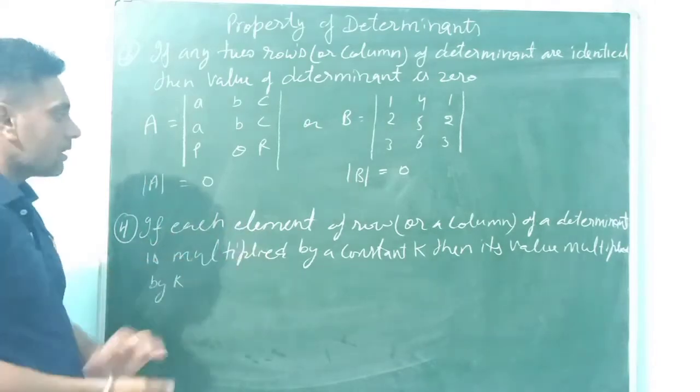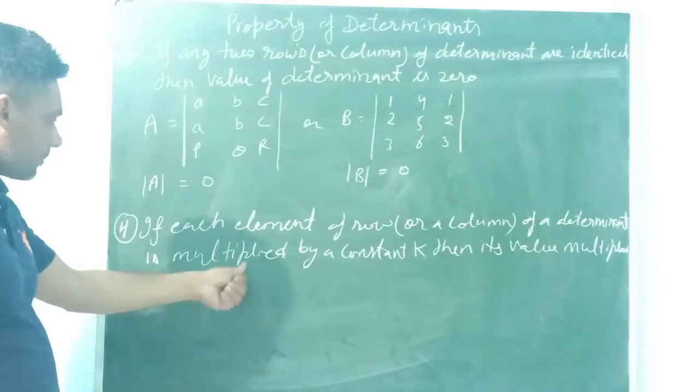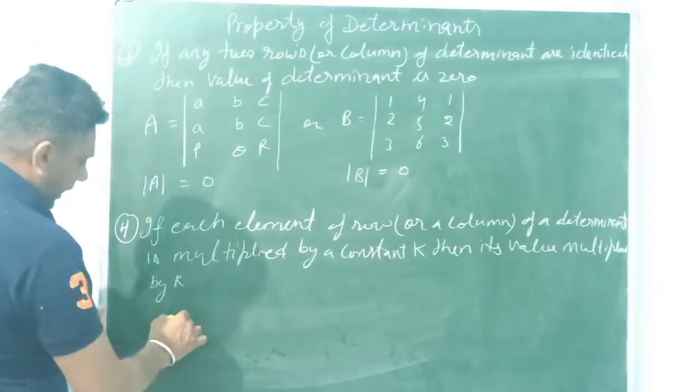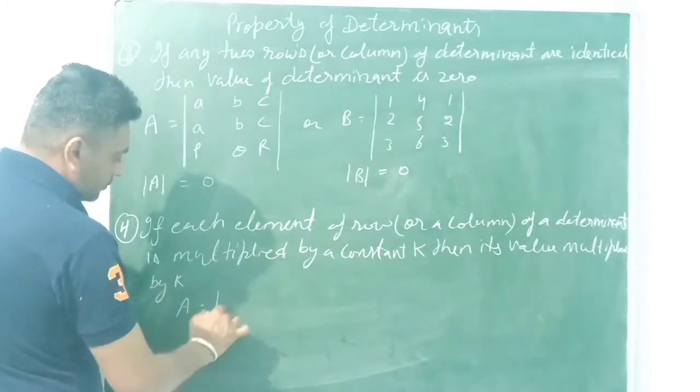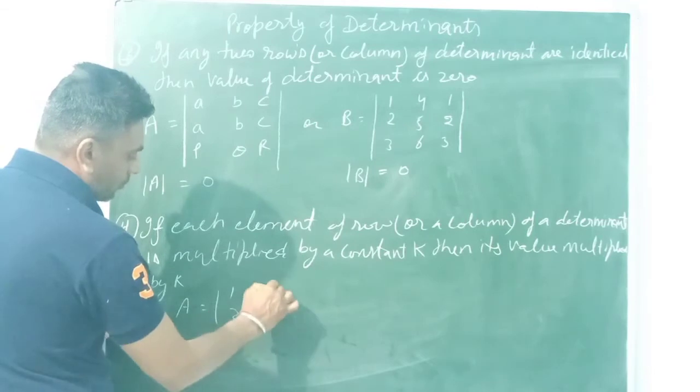If each element of a row or column of a determinant is multiplied by a constant k, then its value is multiplied by k. Take an example: A is 1, 2, 3, 4.